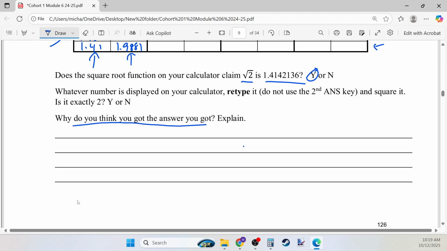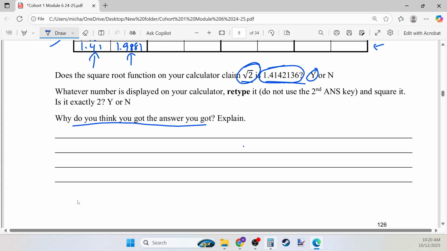I got the answer I got because calculators round, and when we write this symbol, we mean the exact square root. The calculator displays a rounded answer. Calculators have a hard time with exact answers, so they approximate. They get as close as they can. So why do I think I got the answer I got?